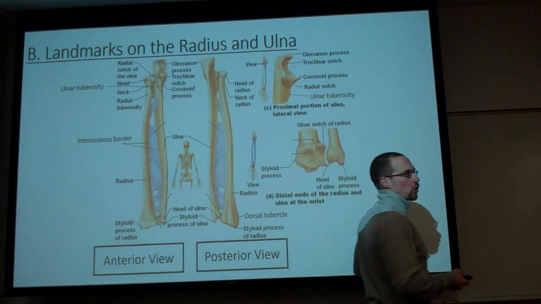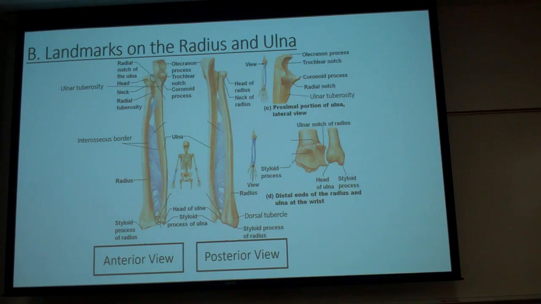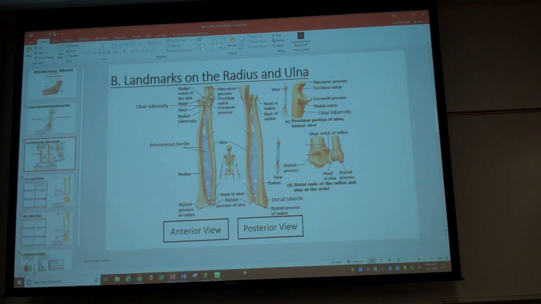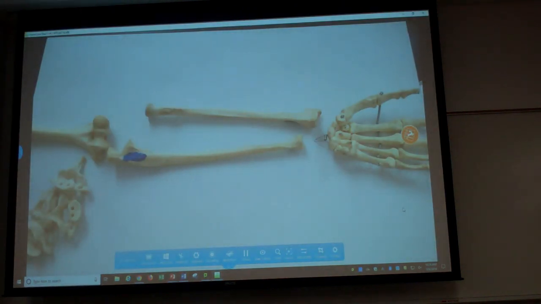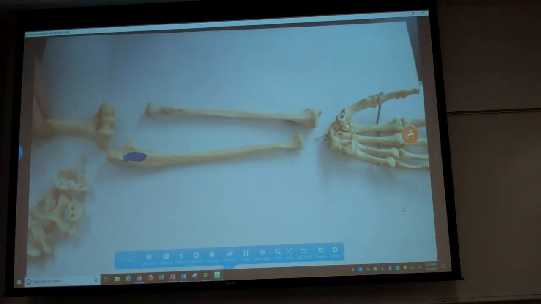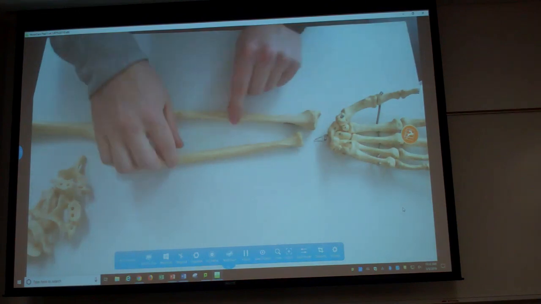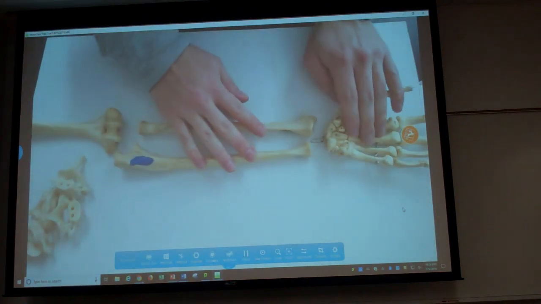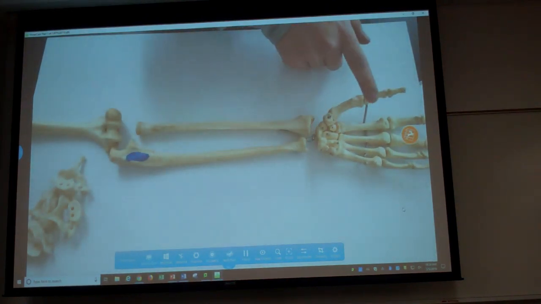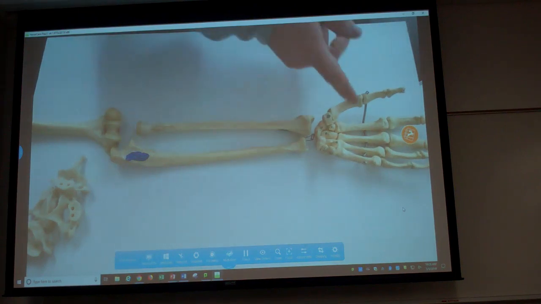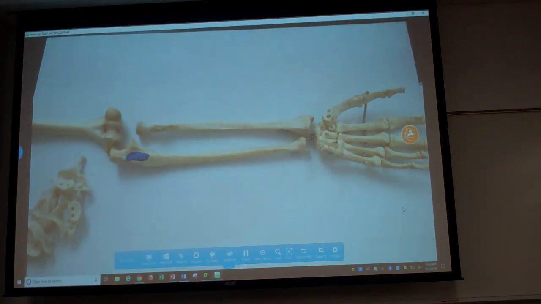So again, use this for your own reference. I'm going to bring up the doc cam and we'll go over all the landmarks. Alright, so we've got our two bones here to give you perspective. This is a left hand, palm up.